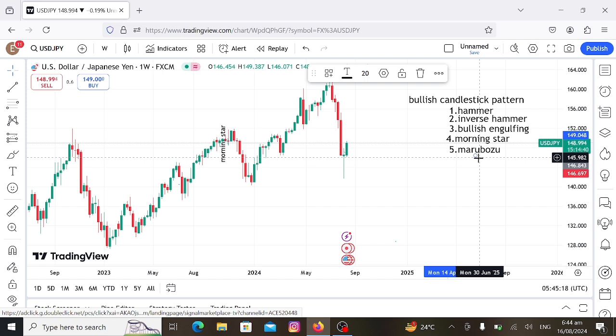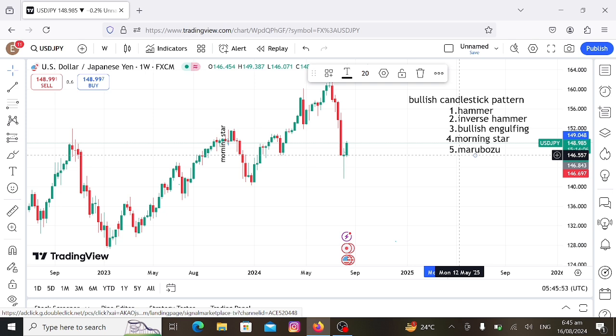So this Marubozu or three white soldiers, whatever you choose to call it, this pattern occurs over 3 days. It consists of consecutive long green candles with a small wick, which open and close progressively higher than the previous day.